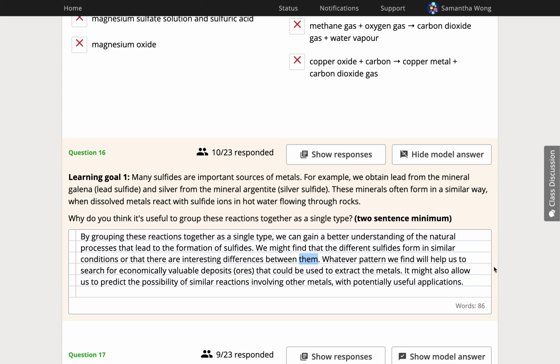Whatever pattern we find will help us to search for economically valuable deposits, also known as ores, that could be used to extract these metals. It might also allow us to predict the possibility of similar reactions involving other metals, with potentially useful applications.